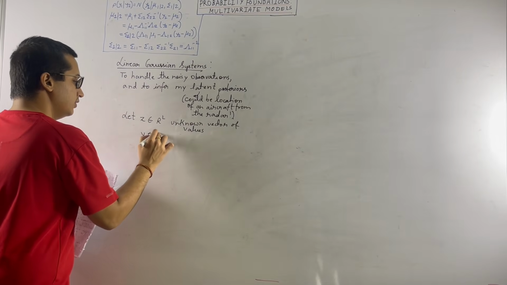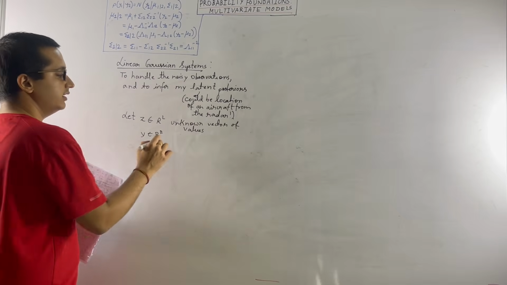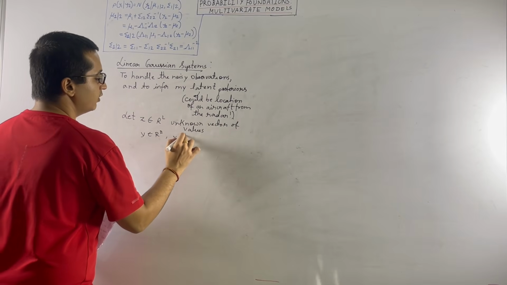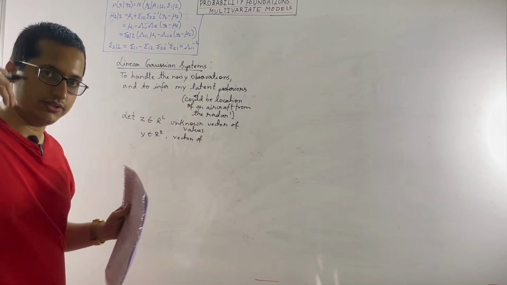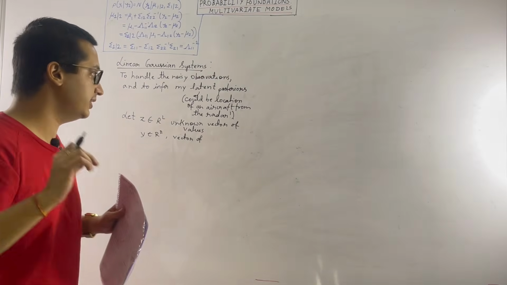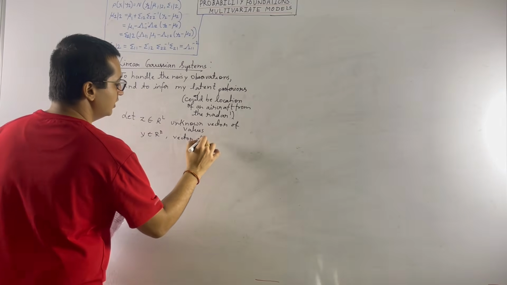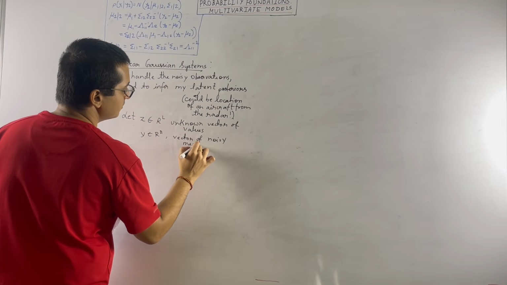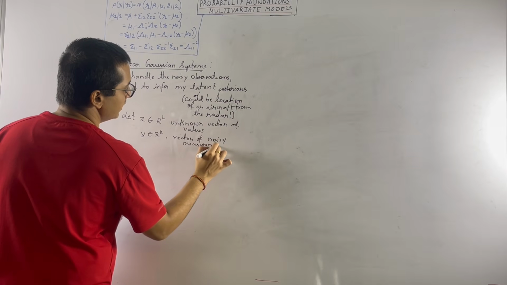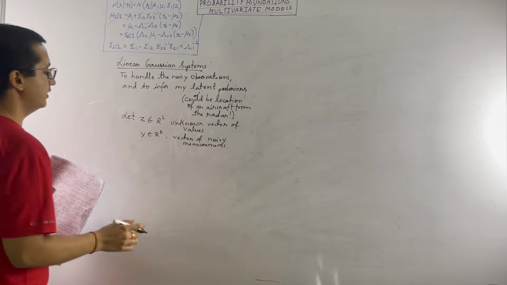And y is a d-dimensional vector, which is my vector of observed measurements. So let us say I got some blips or signals from the radar. Those are my measurements, but they are noisy, right? So a vector of noisy measurements. All right. So how can we represent it?